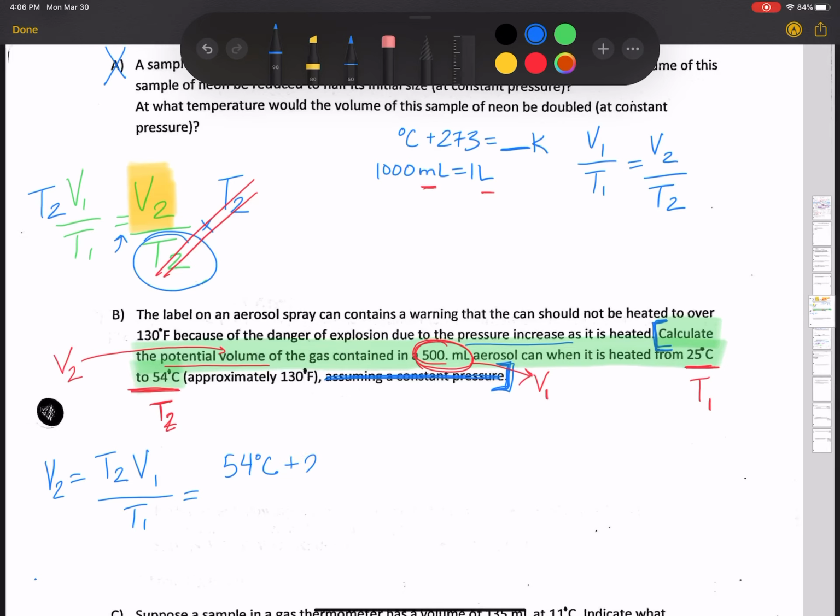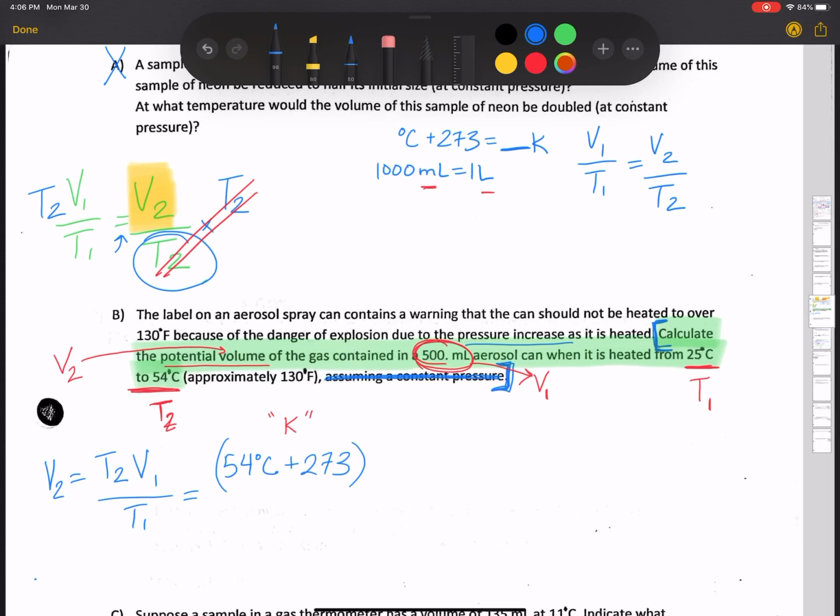So I'm going to go ahead and convert it within the formula, which is the only way to do this. You can't convert it outside the formula and then plug in your answer. You have to go ahead and set it up in the formula, just like I'm showing you right now. So 54 degrees Celsius plus 273, I've essentially just converted this to units of Kelvin.